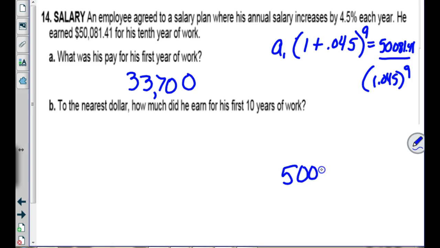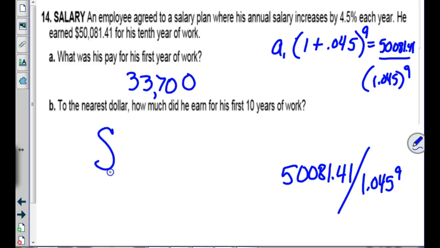Actually, I didn't either when I typed it. 0.41 divided by 1.045 to the 9th. I think you guys must have typed something wrong because I got this.